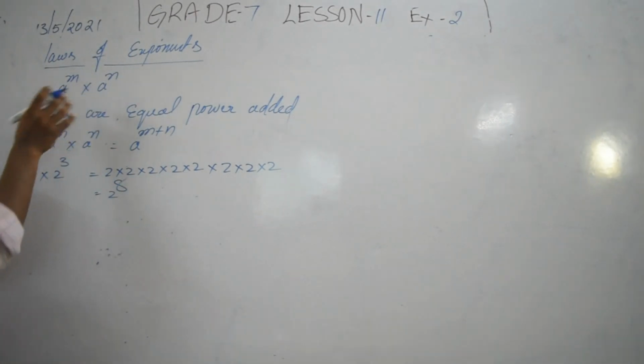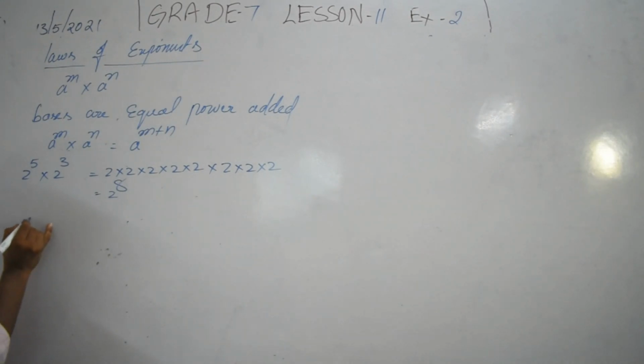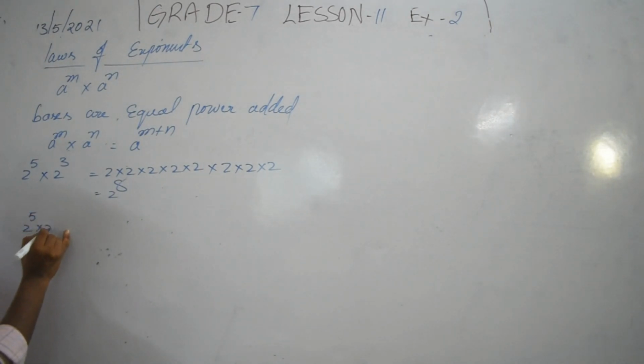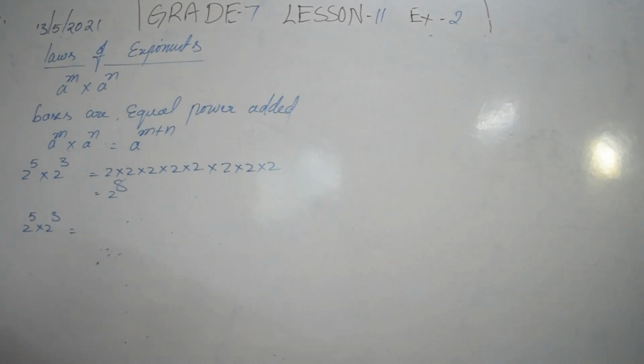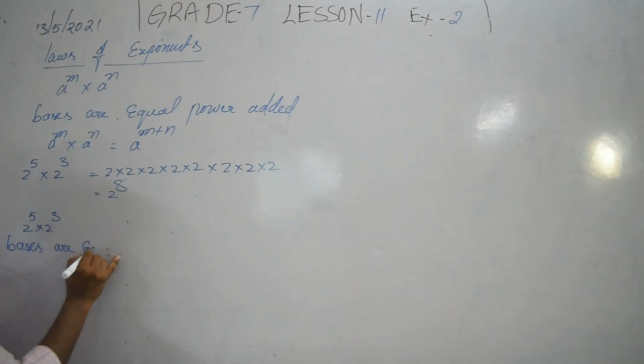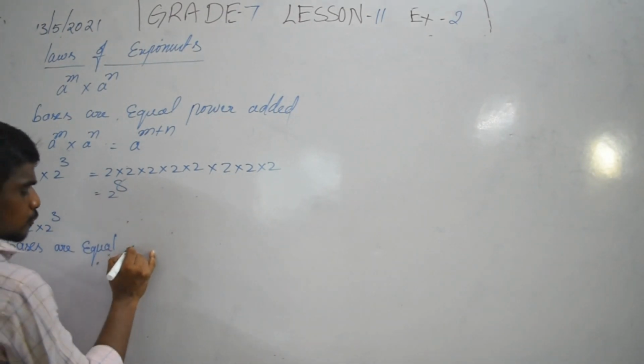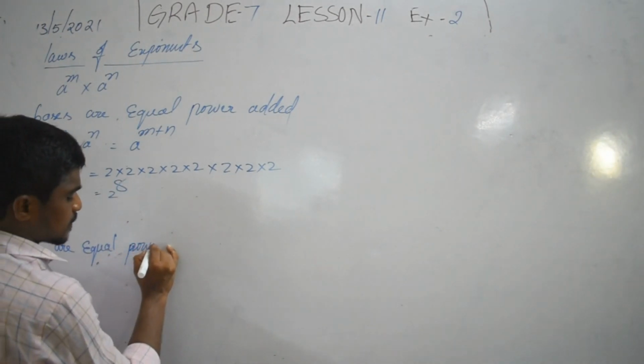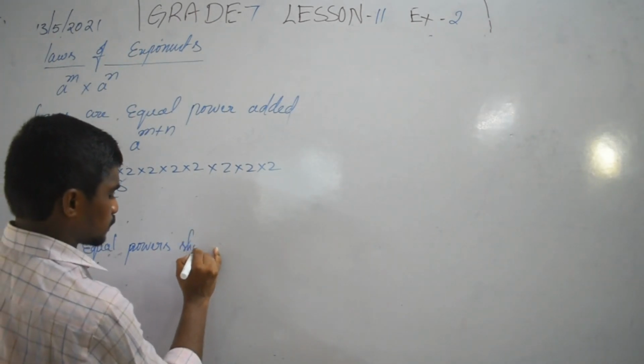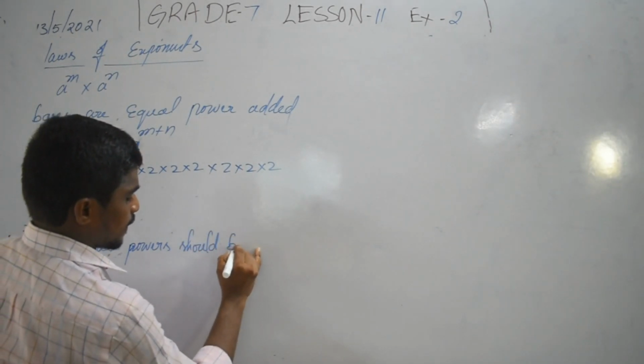Now we use the formula for 2 power 5 cross 2 power 3. The bases are equal, so the powers should be added.